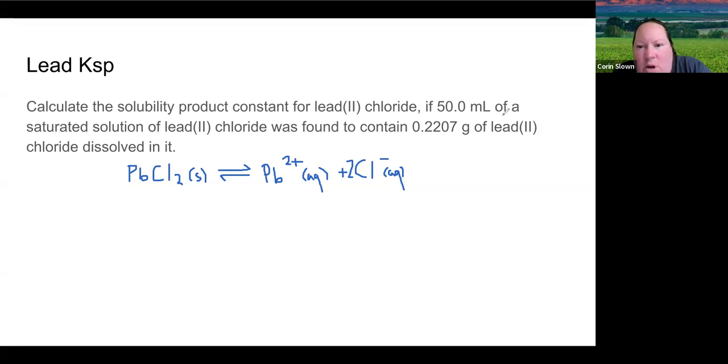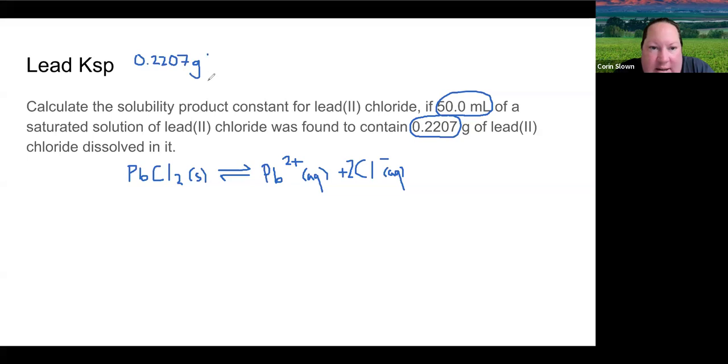to do a calculation. So notice how they gave us the 0.2207 and they gave us 50 milliliters. So we're going to calculate the amount in terms of molarity for this process. So we're going to count moles first. So 0.2207, and that's in grams.